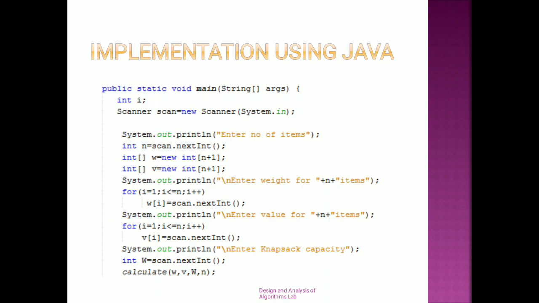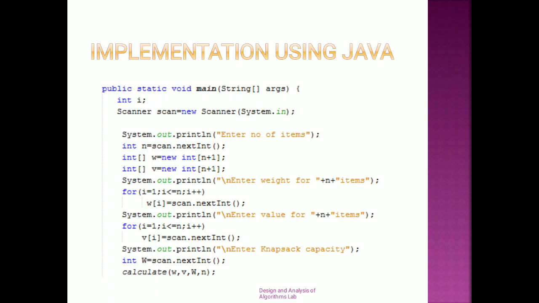Initially we will be reading the total number of items and storing that in the variable n, and then we'll be reading the weight of the items and the value of all the items.